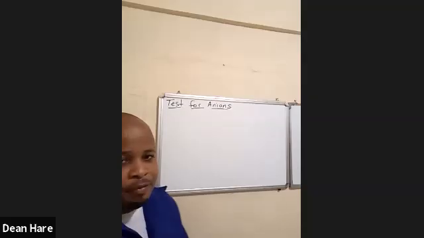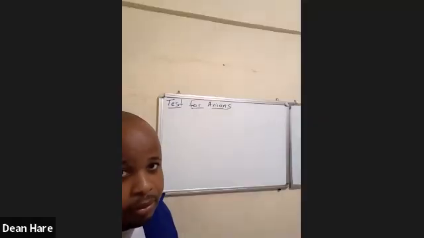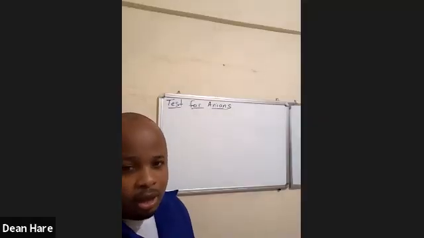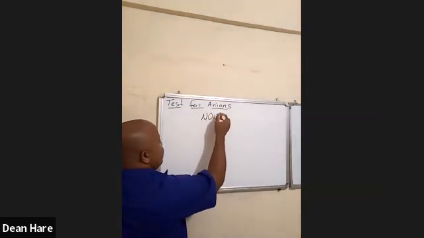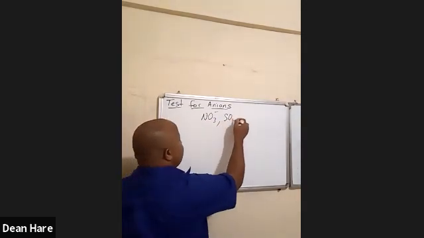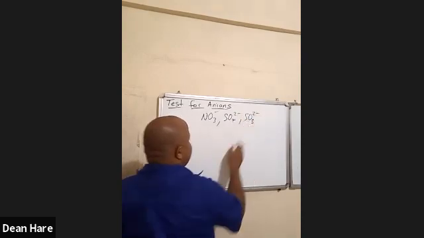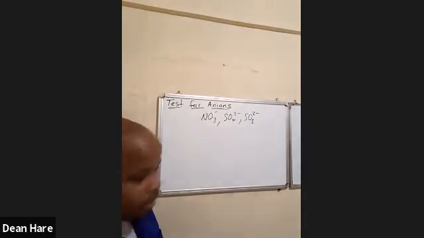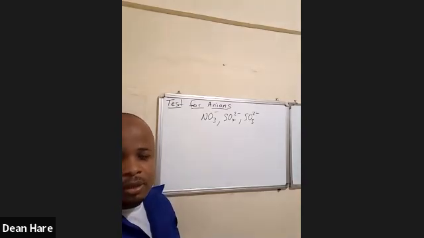So the next negative ion we're going to look at. So she said no halide ion present, right? And you can put possibly nitrate ion or sulfate ion. So no halide ion is present, so it's possible that one of these ions is present.